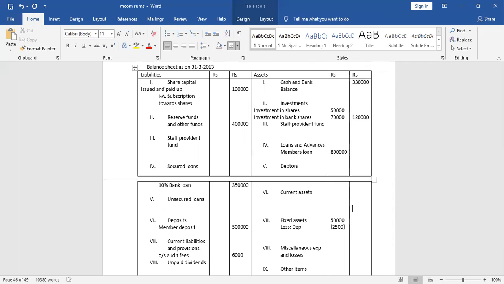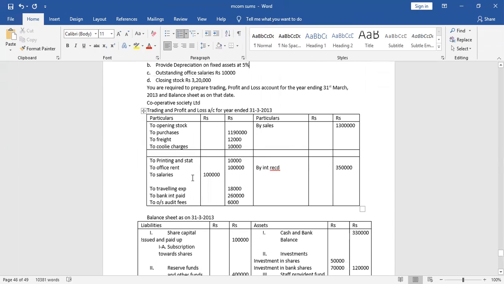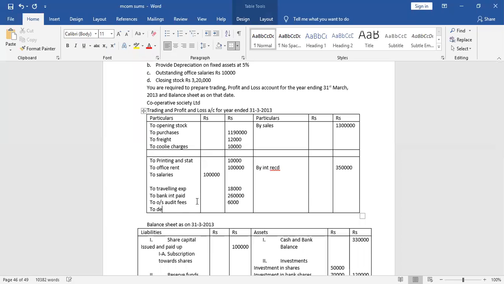What will be the amount after minusing 7,000? This will be 47,500. Now after this, one more effect has to be given to depreciation.